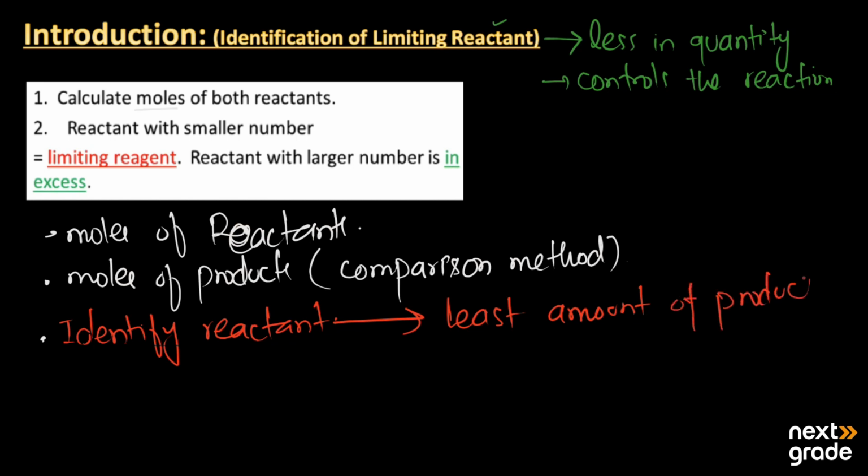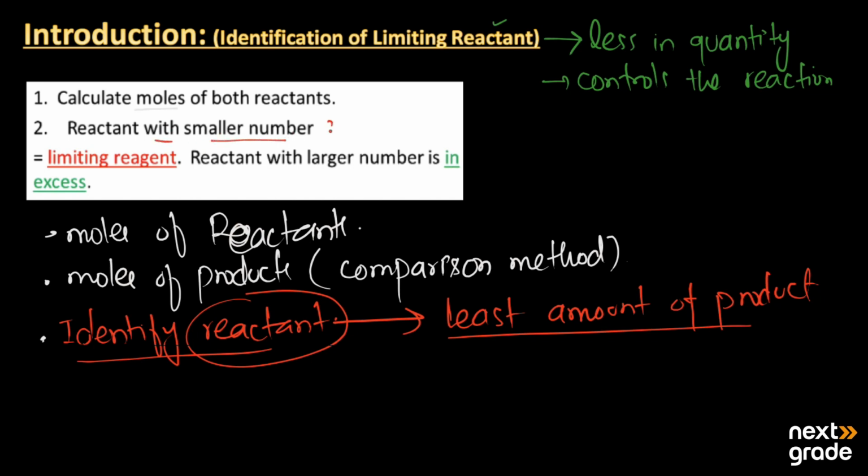The reactant with the smaller number of moles may be the limiting reactant, which is also called the limiting reagent. On the other hand, the reactant with the larger number is present in excess. This is the excess reagent, or we can call it the excess reactant.